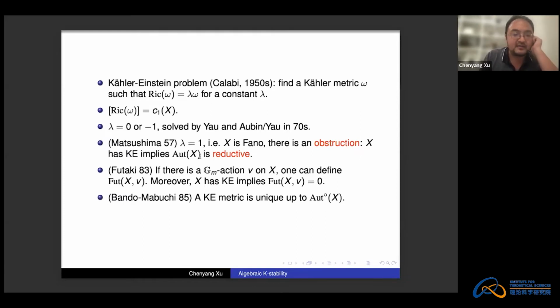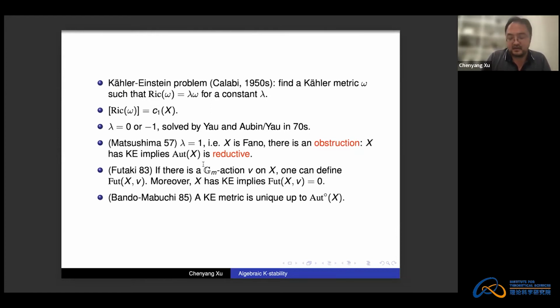Let me remind you that because it's a Kähler manifold, omega is a Kähler class. Rho omega is also a closed form, and the cohomology class it gives is C1(X). So if you look at the equation Rho omega equals lambda omega and take the class of both sides, that just says C1(X) is proportional to the Kähler class.